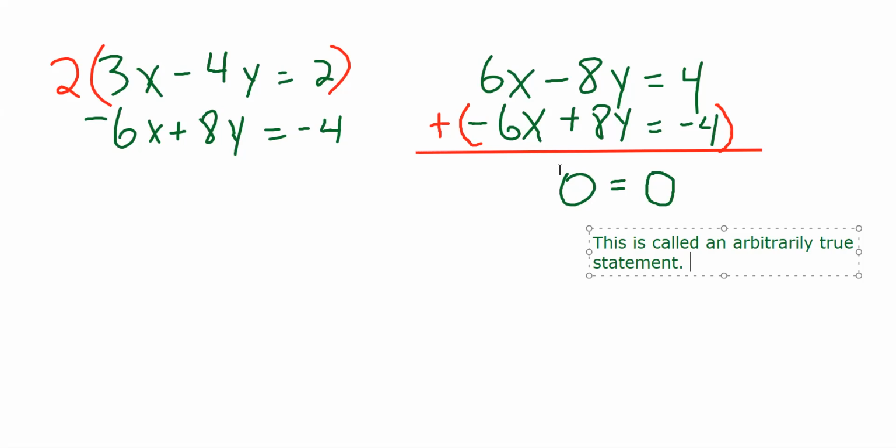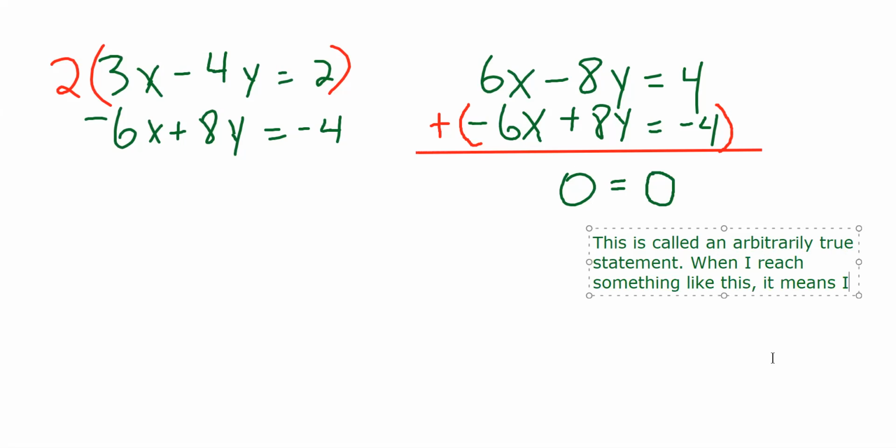I can say that any number is equal to itself, sure, that doesn't help me. When I reach something like this, it means I'll have infinitely many solutions. Now, that's the answer here.